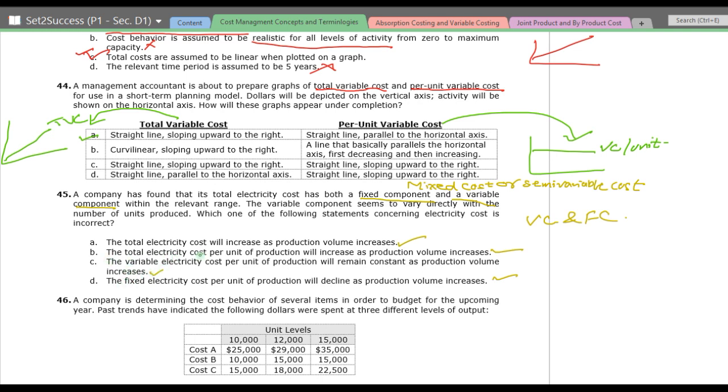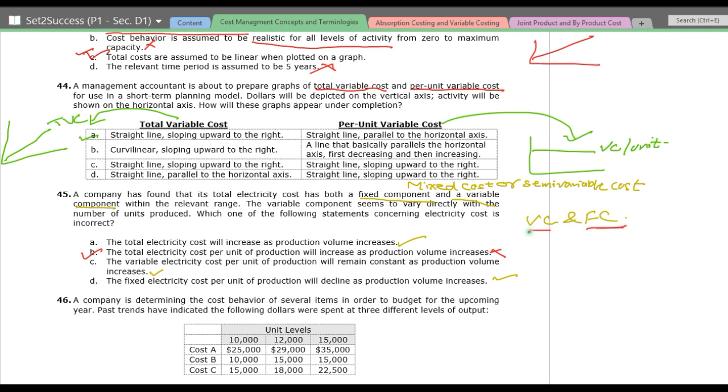The total electricity cost per unit of production will increase as the production level increases. This is the incorrect option. The correct option is the one about mixed cost, because it has a variable component and a fixed component.